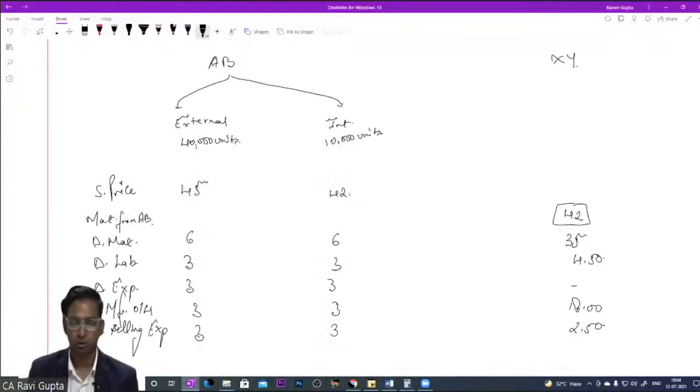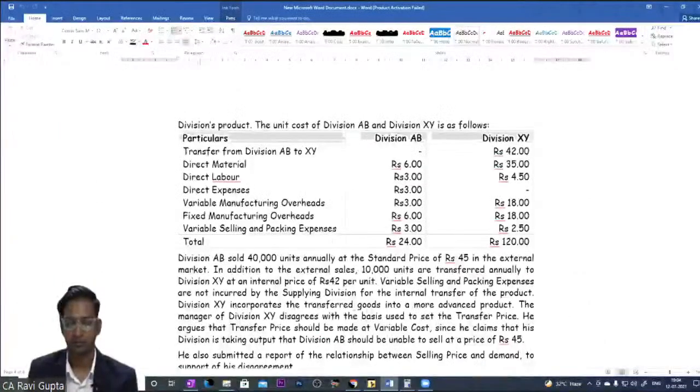The question has also clarified very clearly that this cost will not be incurred in case of internal transfer. Division XY incorporates the transferred goods into a more advanced product. The manager of division XY disagrees with the basis used to set the transfer price. Both managers have some disagreement.